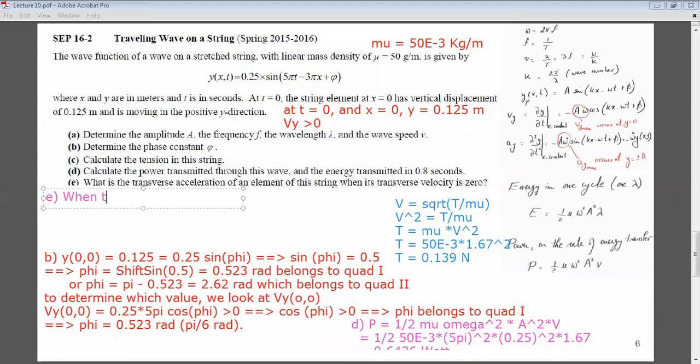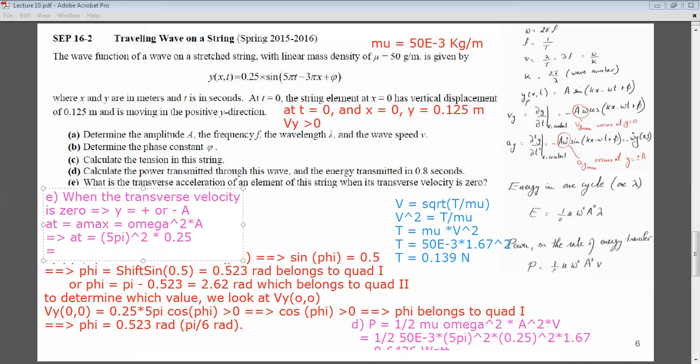Here we have to remember that the transverse velocity is 0, which implies y is equal to plus or minus A. And at plus or minus A, AT is a maximum, and this is equal to omega square times A. This implies AT is equal to 5 pi square times A, which is 0.25, which implies AT is equal to 61.69 meter per second squared.